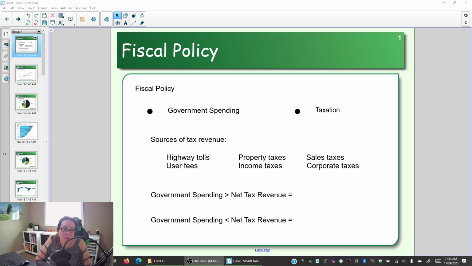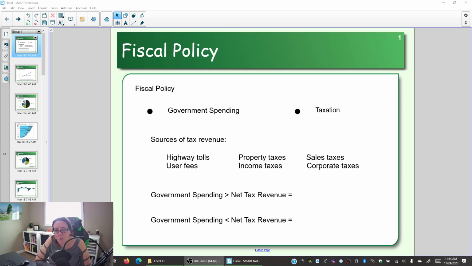And we know that some of these are autonomous, that is, they don't depend on income, and some do depend on income. So income tax depends on income, whereas sales tax and highway tolls do not depend on your level of income. So what we're going to look at now is what the Canadian government is doing when it comes to fiscal policy and how the government spending compares to the net tax revenue.